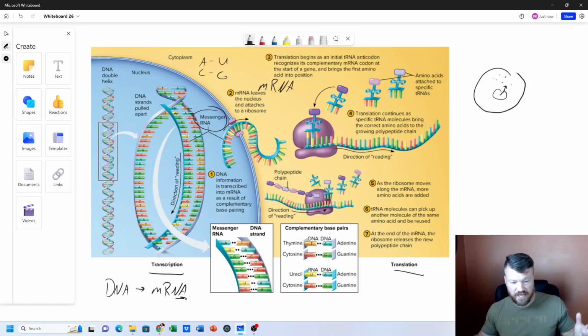Now there are a lot of things that can happen in between there. For instance, one of the things that happens is called alternative splicing. When you take this DNA and turn it into RNA, sometimes you can have different kinds of segments, like this.